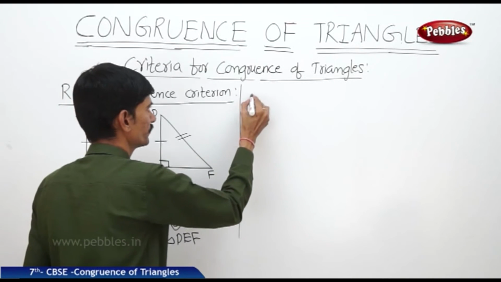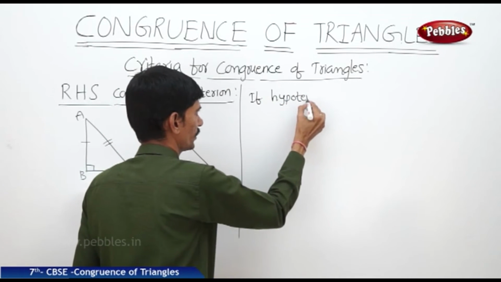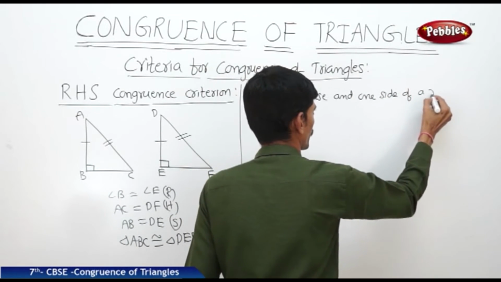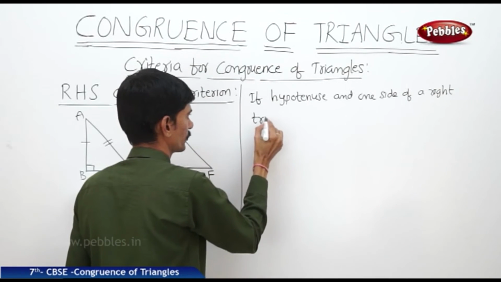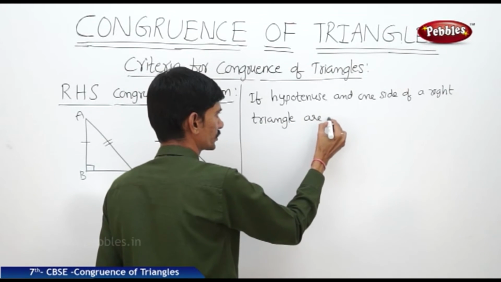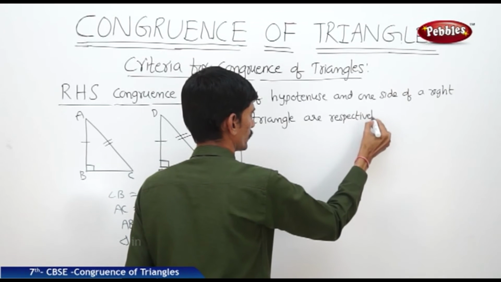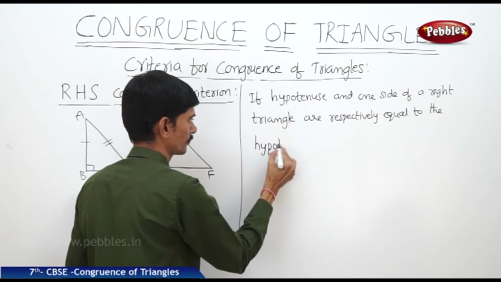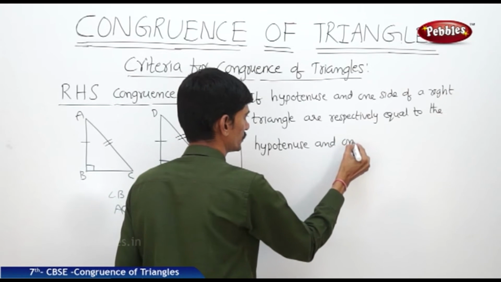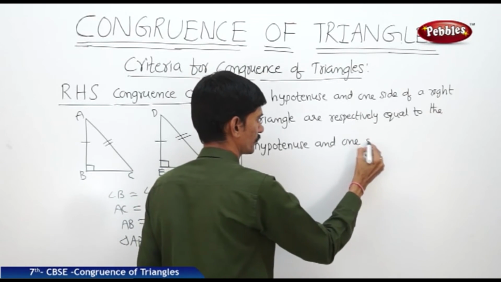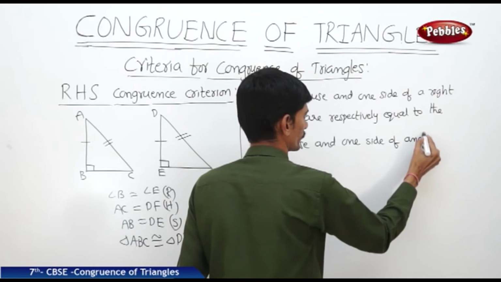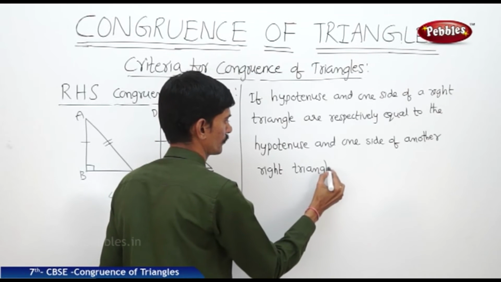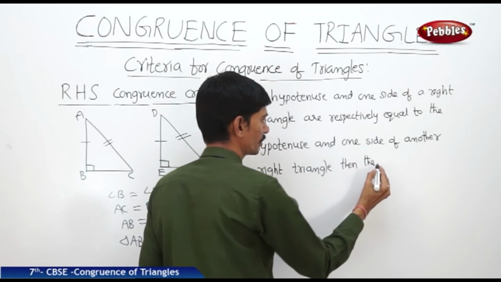Now we will write the statement: if the hypotenuse and one side of a right triangle are respectively equal to the hypotenuse and one side of another right triangle, then the two right triangles are congruent.